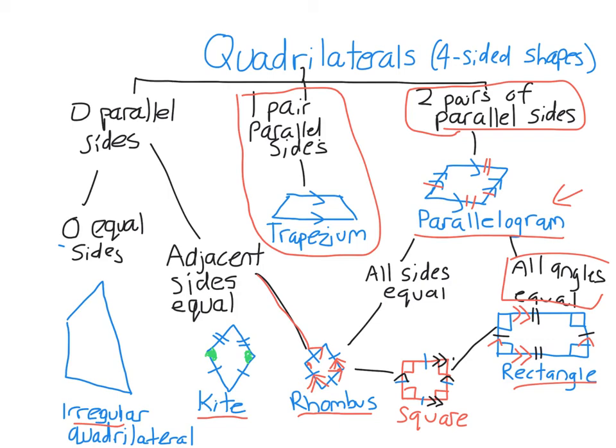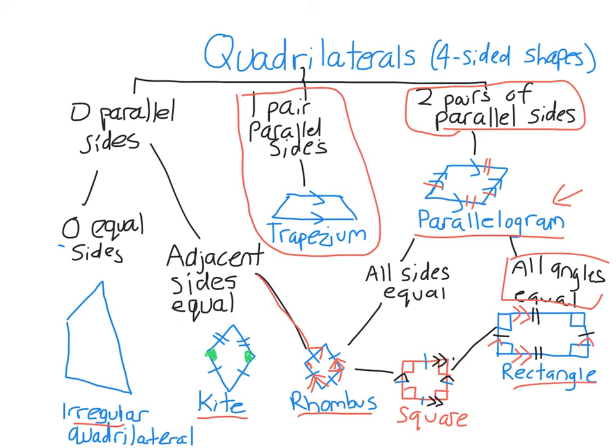So a rectangle is a special type of parallelogram in which all angles are equal, and that of course means that all its angles will be 90 degrees. So all rectangles are parallelograms, but not all parallelograms are rectangles.